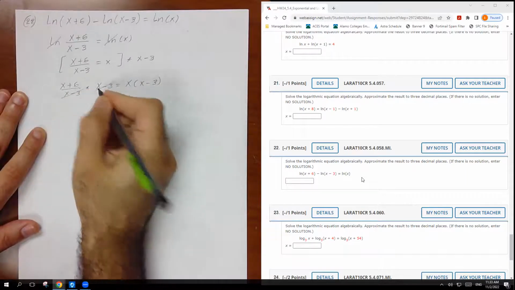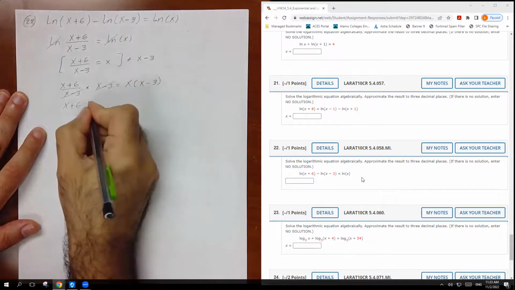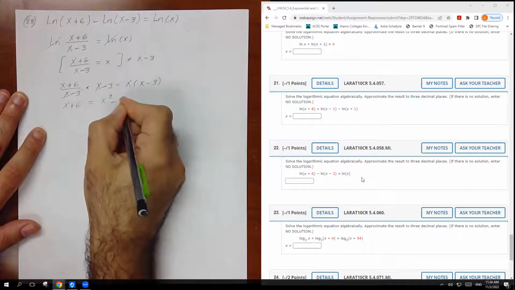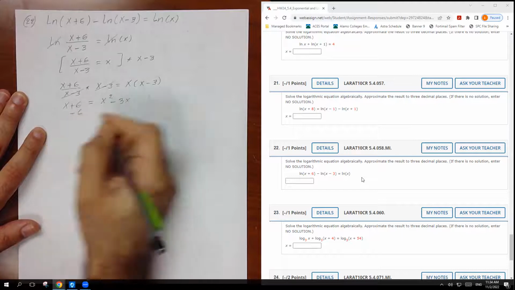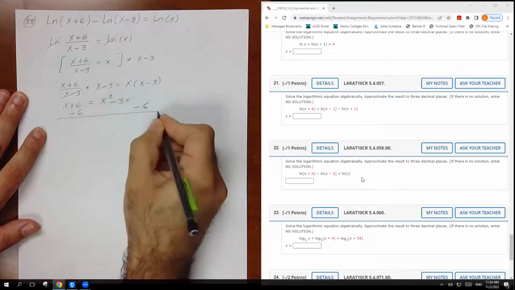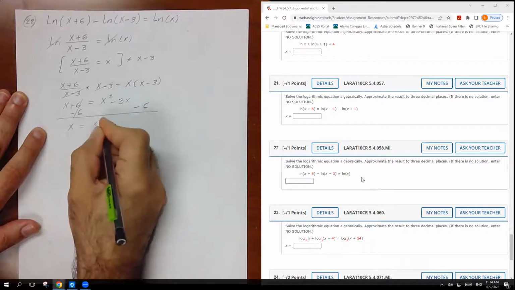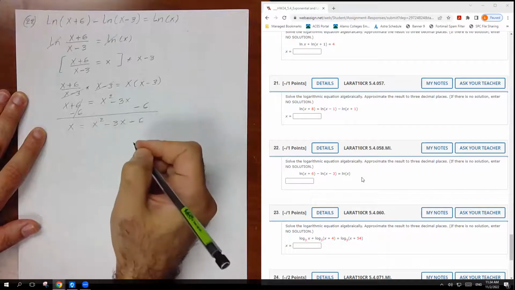Cancel these. So it's going to be x plus 6 equal x squared minus 3x. Now minus 6 from both sides. Cancel here. So 0 is going to be equal to x squared minus 3x minus 6.